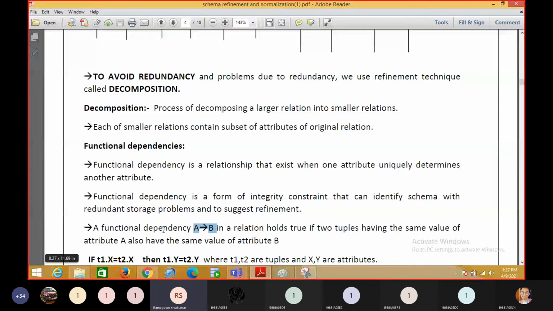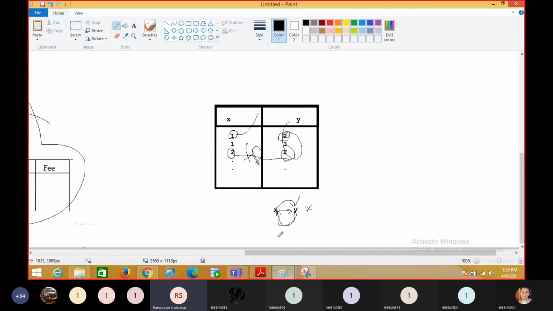See here, a functional dependency A tends to B in a relation holds true if two tuples having same value. If you have same values, then two tuples T1 and T2, if we have here also 1.